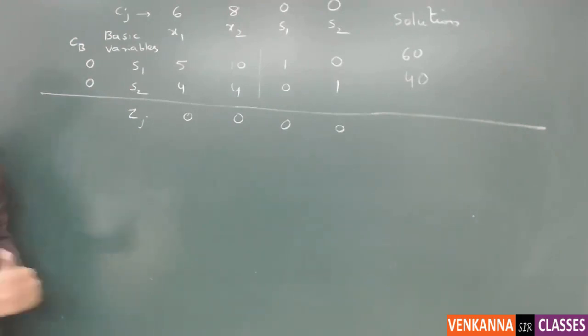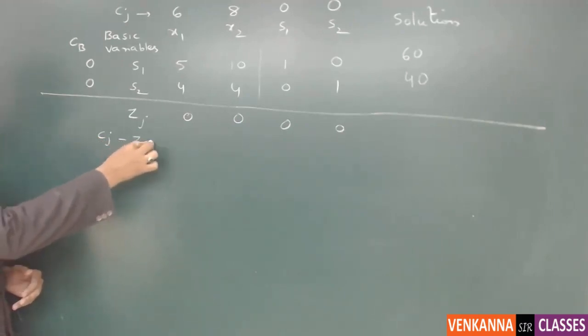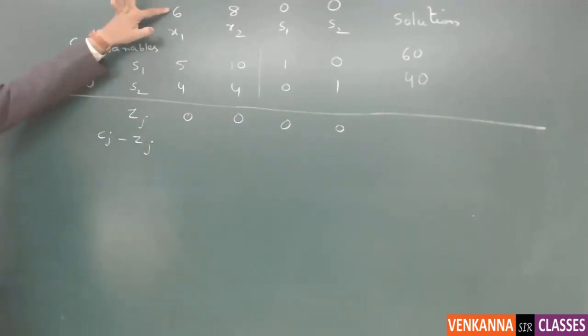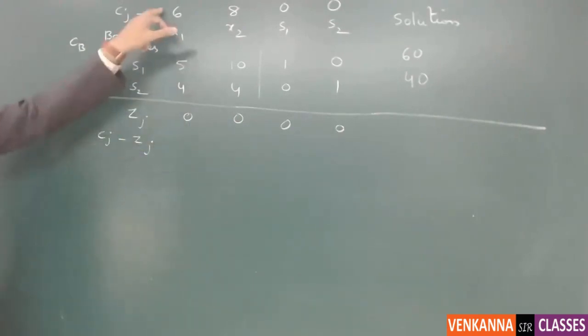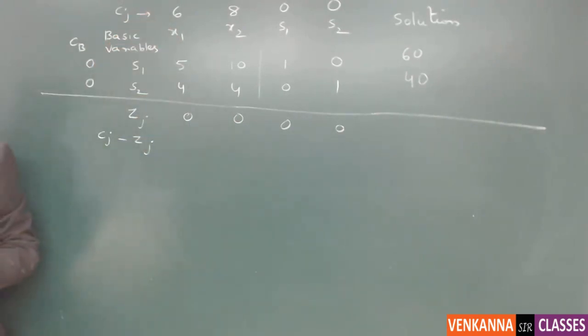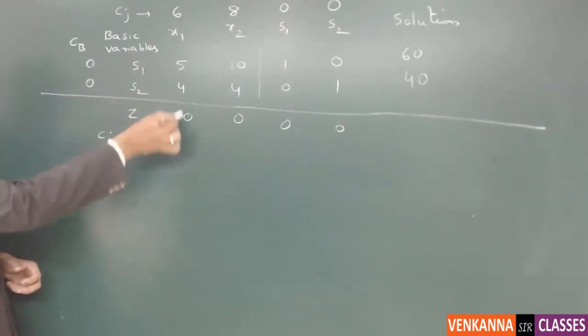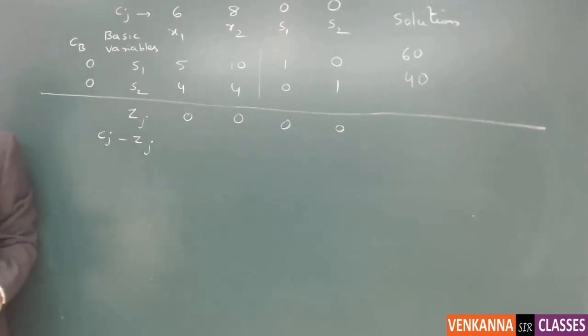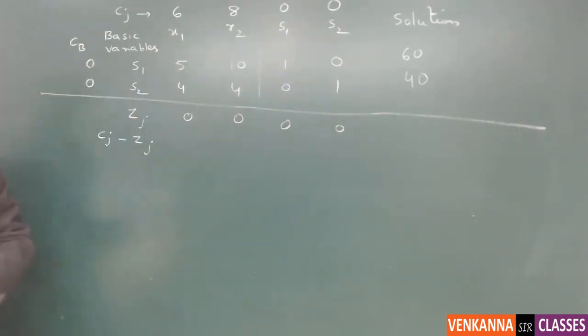Now I am going to take the difference between Cj minus Zj. This is Cj and this is Zj. I am calculating the difference between these two. 0 into 5 plus 0 into 4, the sum is 0. Like that I have done for every row and every column.